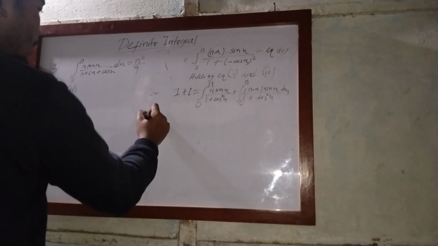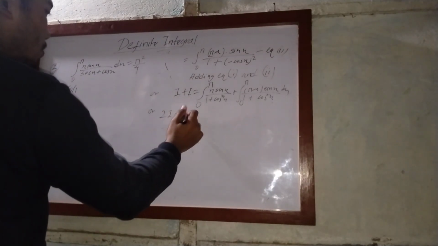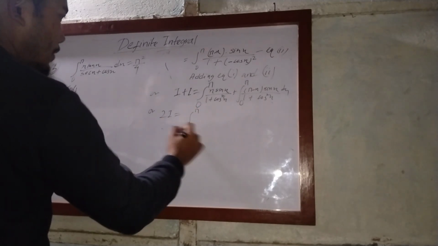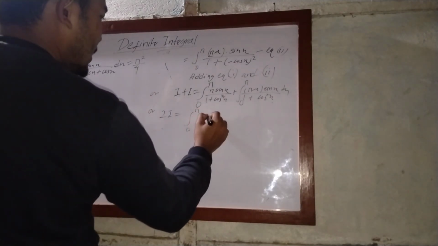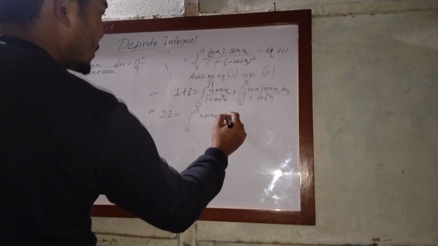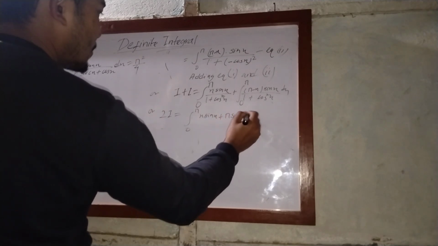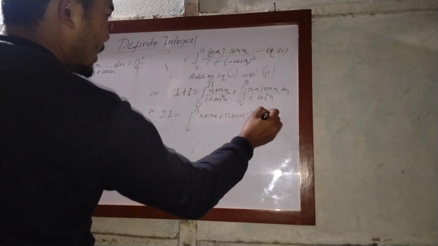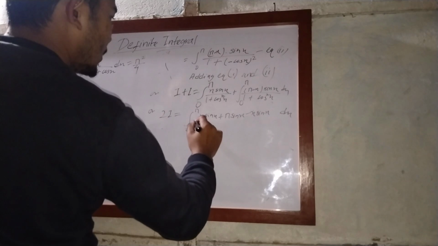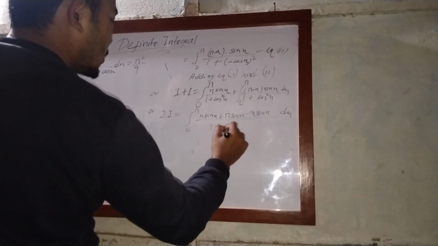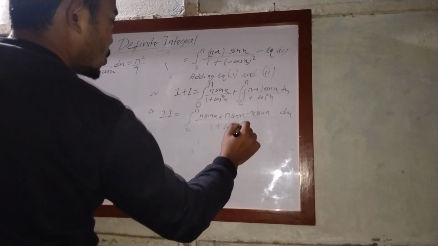Now we get 2I is equal to the integral from 0 to pi of (x sin x plus pi sin x minus x sin x) dx by 1 plus cos square x.